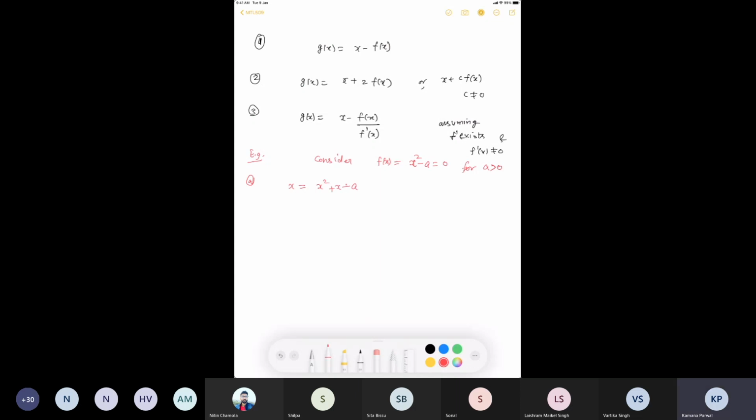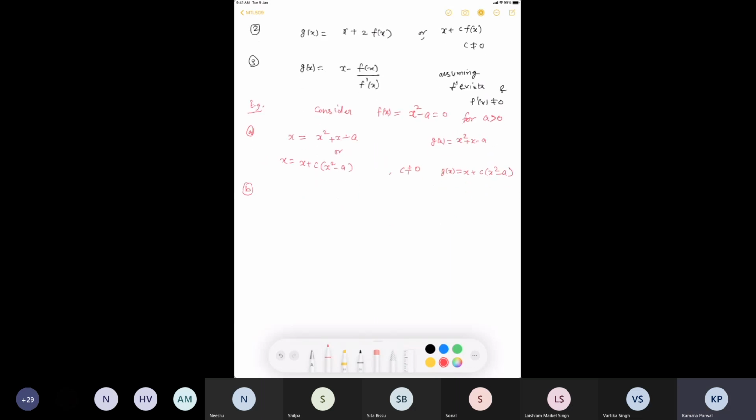So here, what is g(x)? g(x) is x square plus x minus a, or more generally, we can take x square minus a and multiply it with any non-zero constant, right? So in this case, g(x) will be x plus c times (x square minus a) basically.